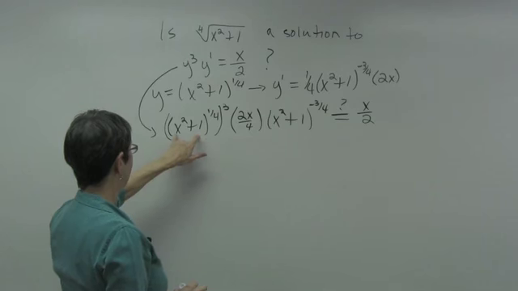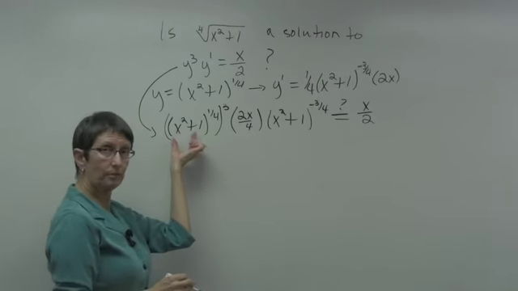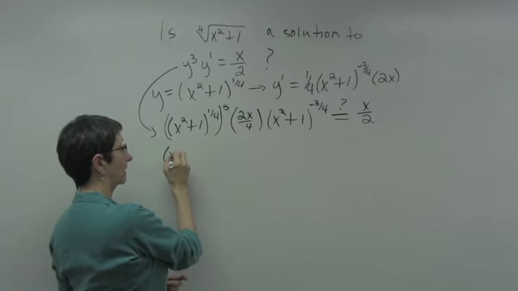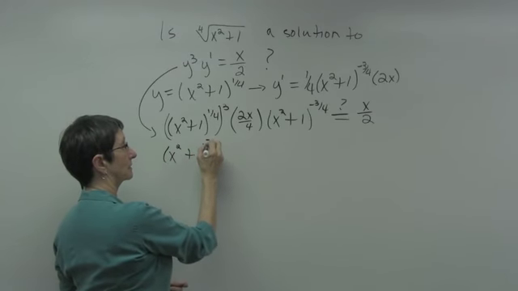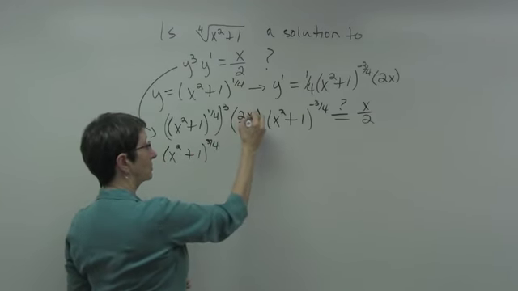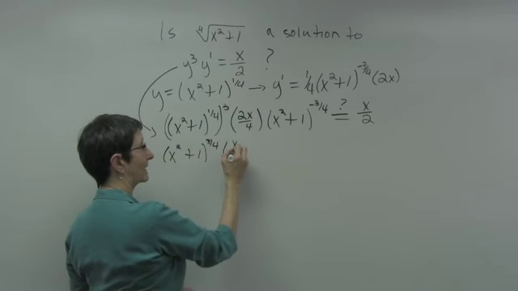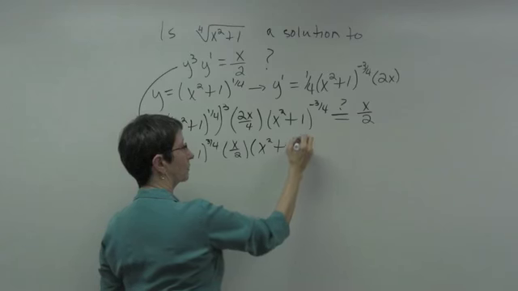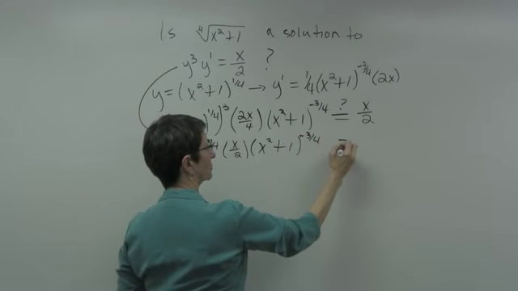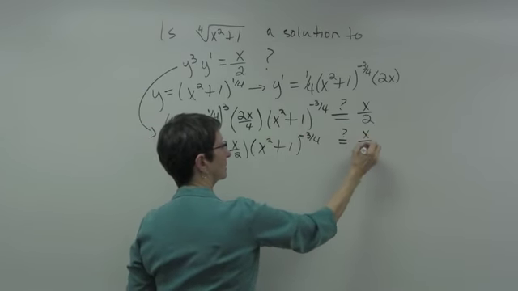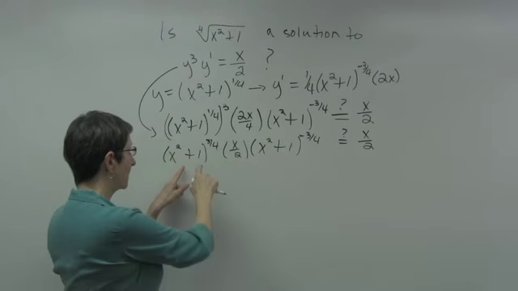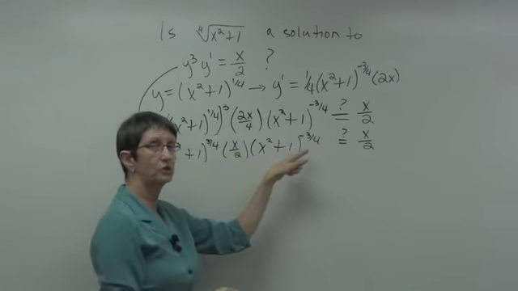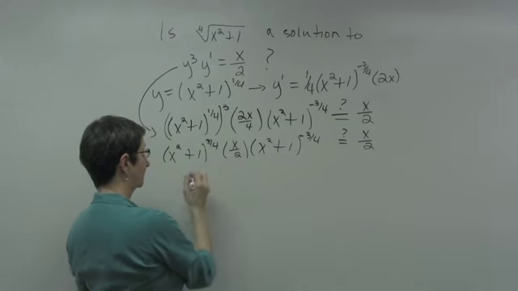Okay, let's see. Now, I have x squared plus 1 to a power to another power, so these two powers multiply, rule for exponents. 2x over 4, I can write that as x over 2. And I have x squared plus 1 to the negative 3/4. And if you'll remember, x squared plus 1 to the 3/4, x squared plus 1 to the negative 3/4, same base.